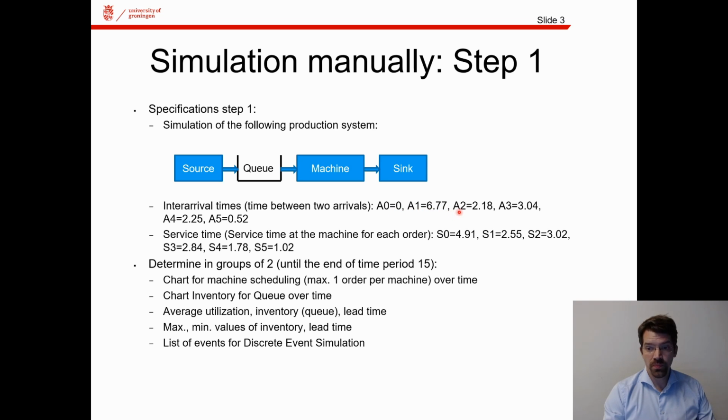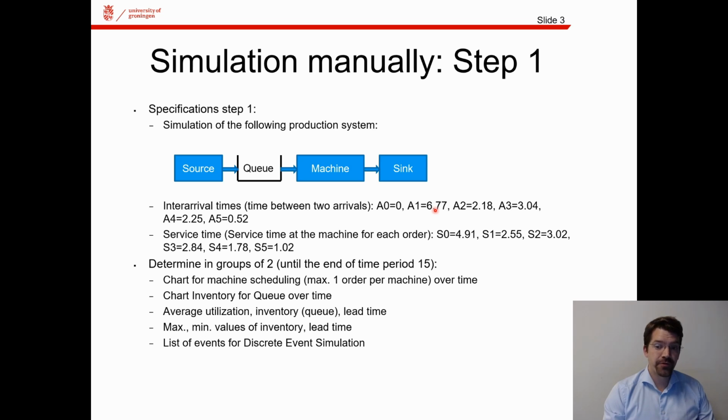Order A2 arrives at time 0 plus 6.77 plus 2.18, and so on. And you can immediately see that the inter-arrival time changes between the orders. So we have a stochastic system.